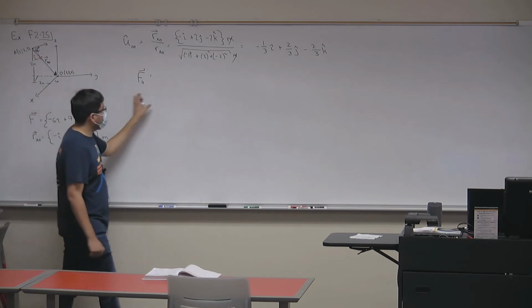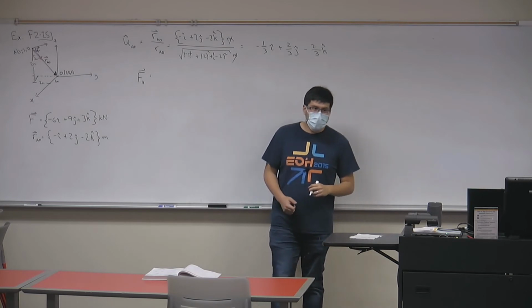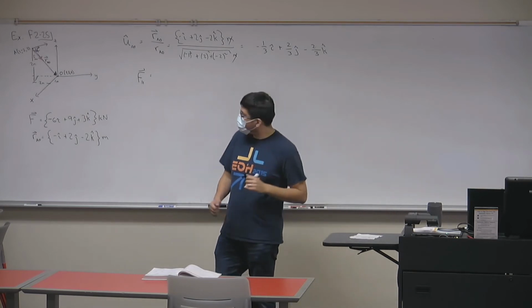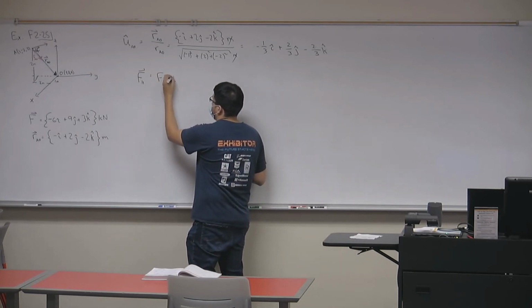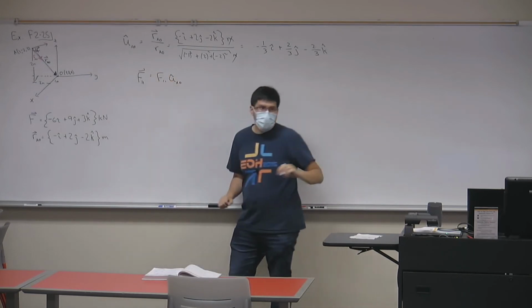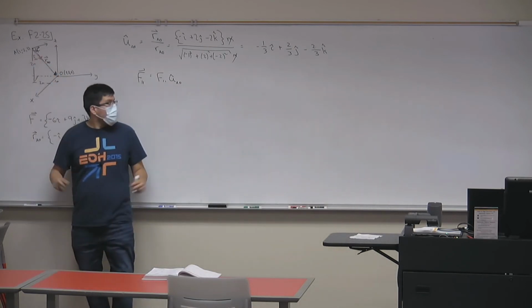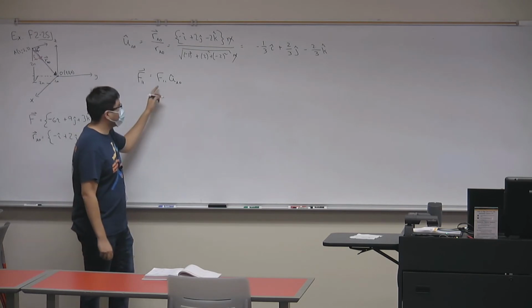How do I find any vector if I have a unit vector? It's the unit vector times the magnitude. Exactly. Any vector is equal to its magnitude times a unit vector in the direction that I want. In this case, my unit vector is AO, which I already have. All I need now is to find its magnitude.